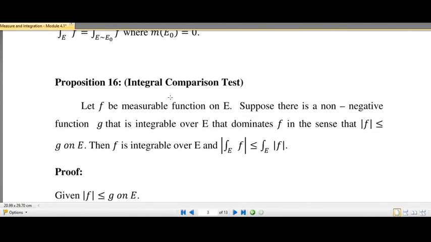Now we are going to study the integral comparison test.